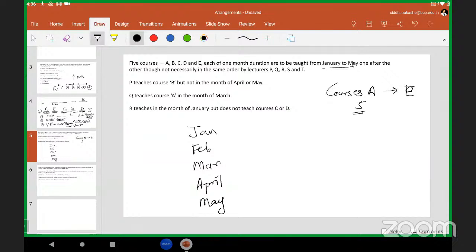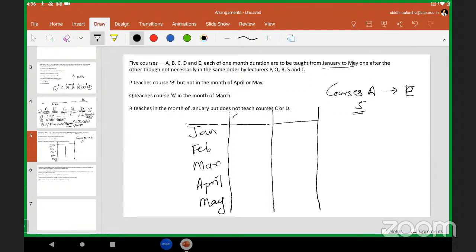So we'll make two columns. So first one will be of course, and the other will be of lecturer.